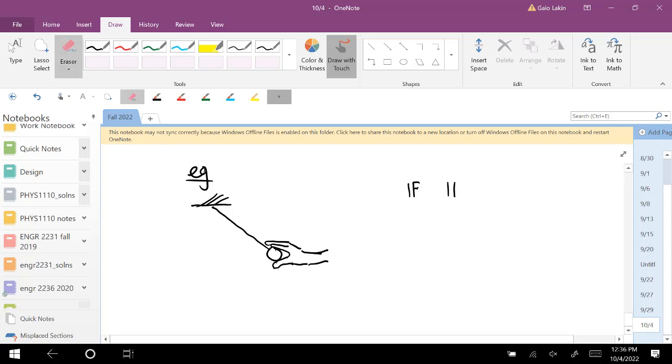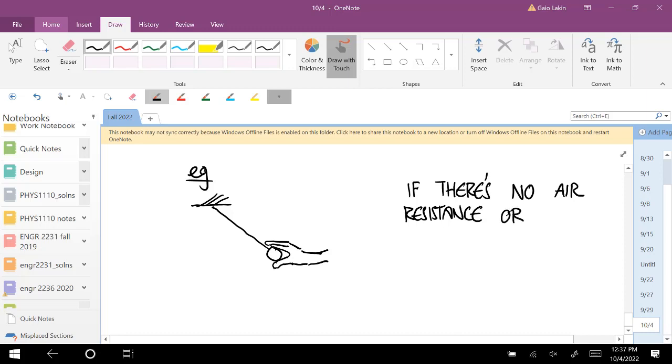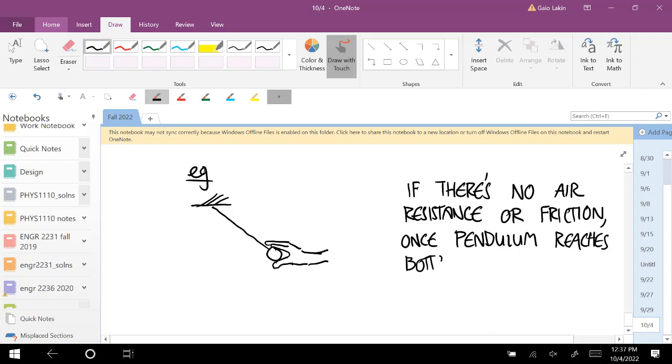If there's no air resistance, or any kind of friction in the string or anything, once the pendulum reaches the bottom of its swing, it can return to its starting point. That's reversibility.